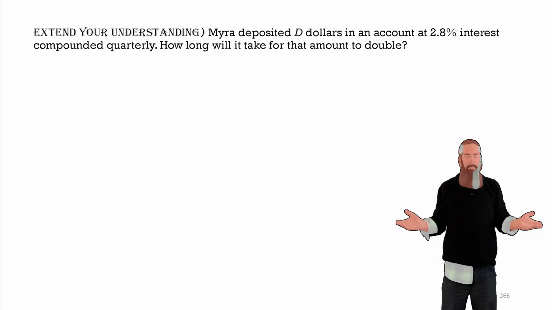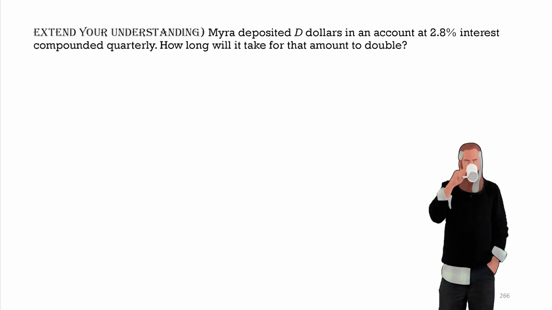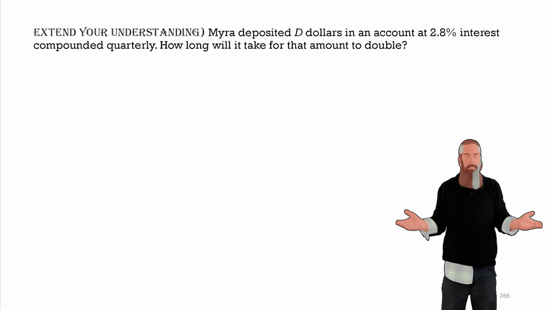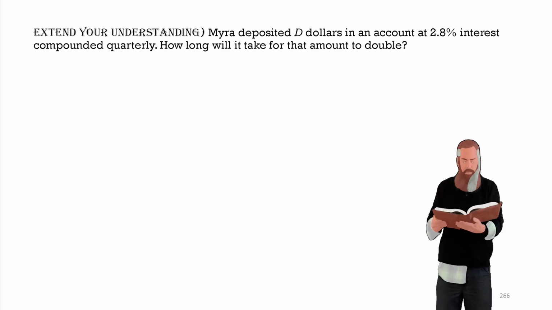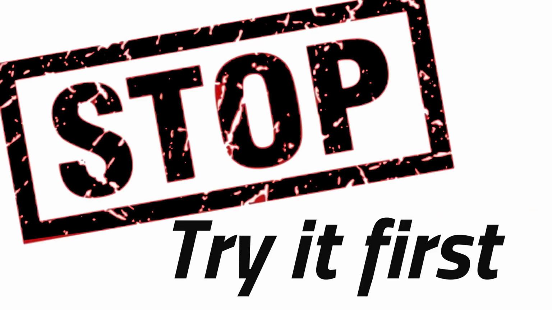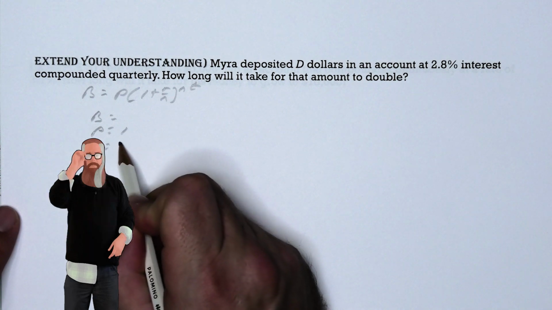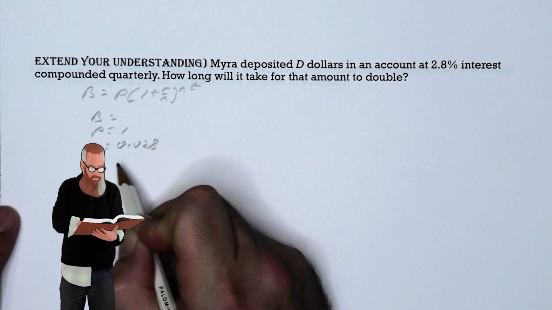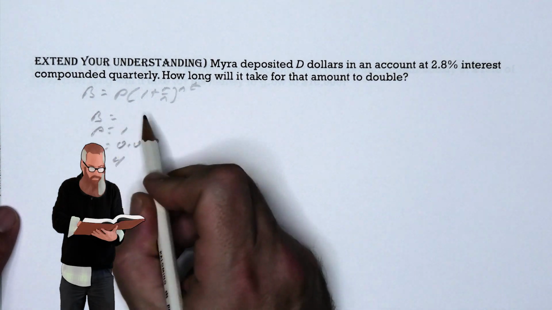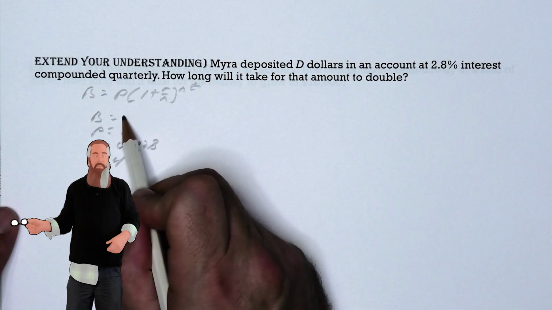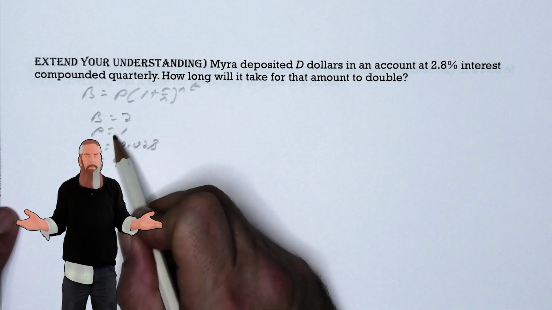So let's extend our understanding of this. Myra deposited $D into an account at 2.8% interest compounded quarterly. How long will it take for that amount to double? We know what the beginning equation was and what most of the values were, so we can fill those in. But the end balance is twice whatever the beginning balance was. So I just used $1 for every $1.